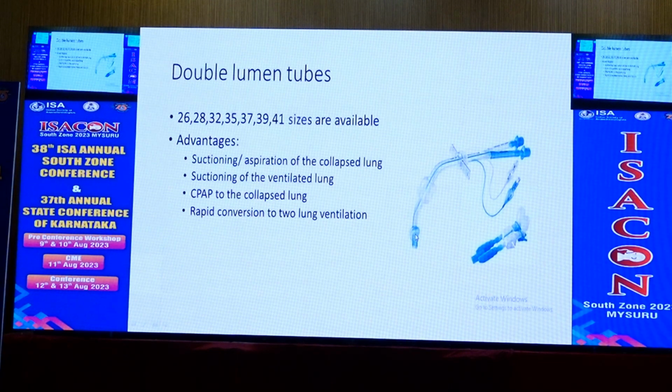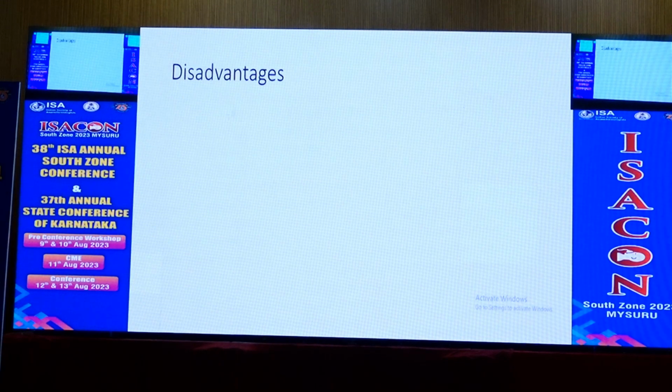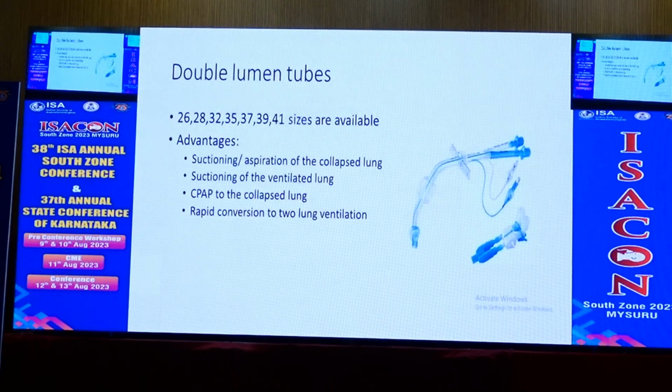If it opens into the left bronchus, it is a left double-lumen tube. If it opens into the right bronchus, it is a right double-lumen tube. A connector is connected to this tube, and then the patient is ventilated. If you want to collapse one lung, any one of the lumens can be blocked, and then we can provide one lung ventilation to these patients.